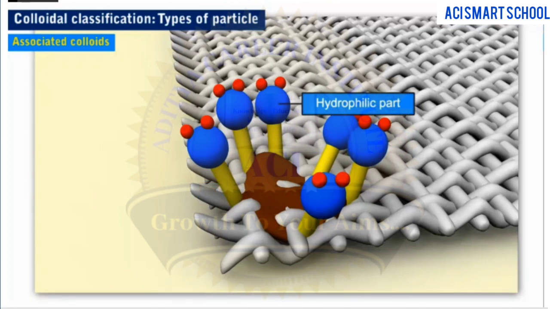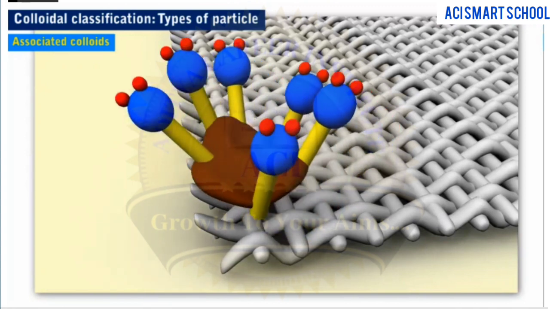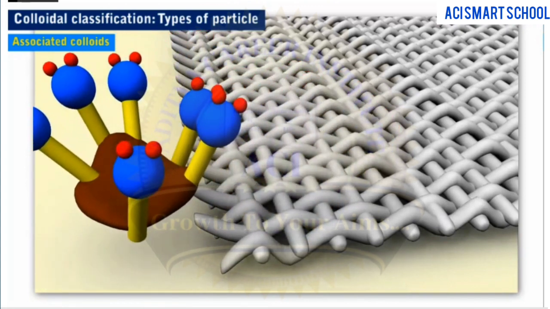The hydrophilic part, being polar, interacts with the water molecules, and the oil droplet is pulled away from the cloth into the water to form an ionic micelle.